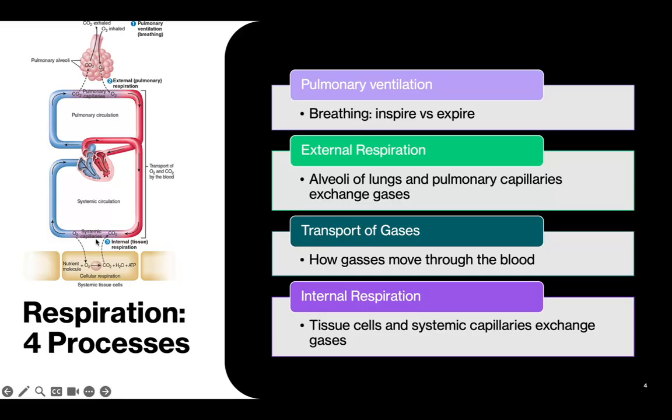So we have systemic capillaries and the tissue cells. So oxygen's going to leave the systemic capillaries and go into these cells where it's needed, and then carbon dioxide is now considered a waste product of those metabolic reactions occurring in the cell, and it's going to enter those systemic capillaries and then be transported through the venous drainage system.